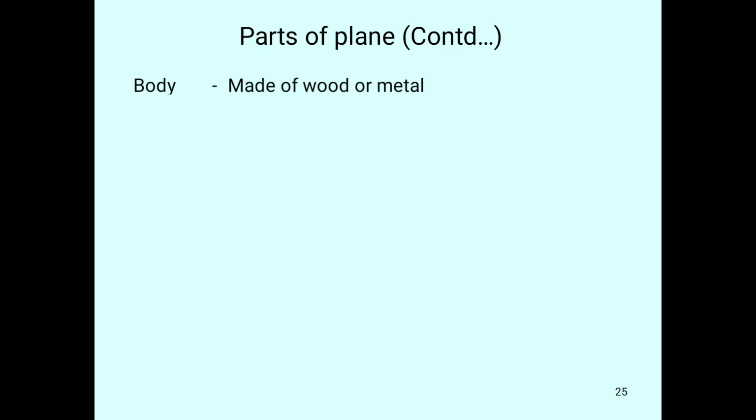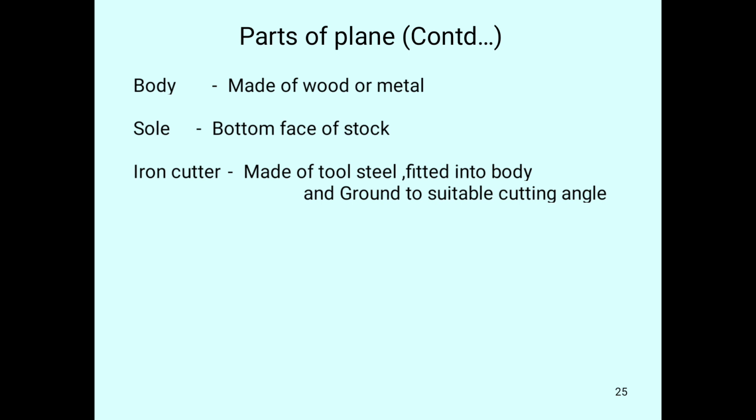Next, a brief discussion about the parts of planes. The body is made of wood or metal. The sole is the bottom face of the stock. The iron cutter is made of tool steel, fitted into the body and ground to a suitable cutting angle.